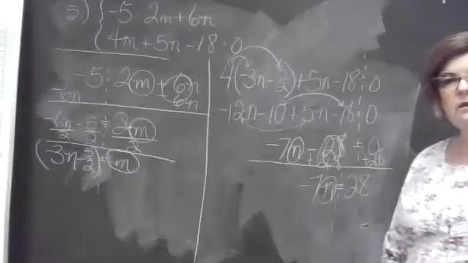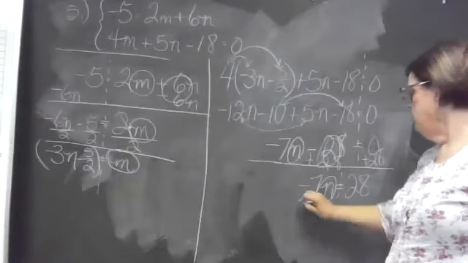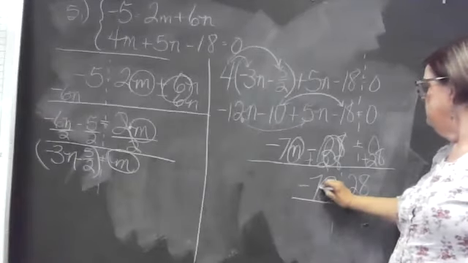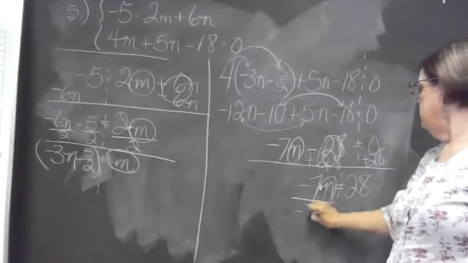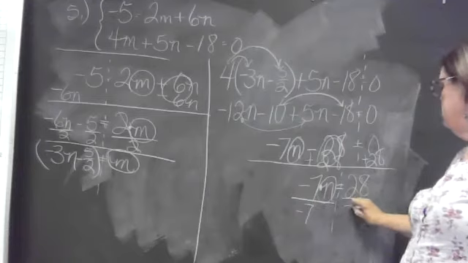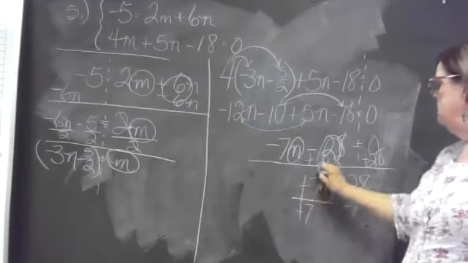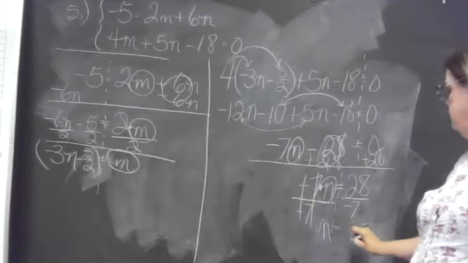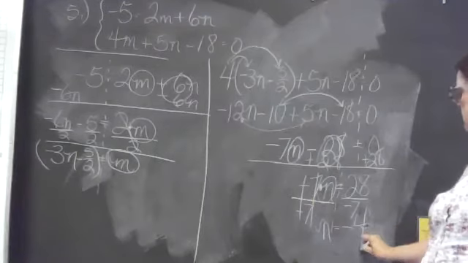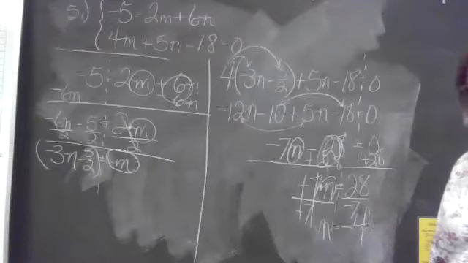I want to solve for n. So I'm going to have to divide because these are multiplied. When they're crammed together, they're multiplied. Divide by negative 7. Divide by negative 7. So n is equal to negative 4.